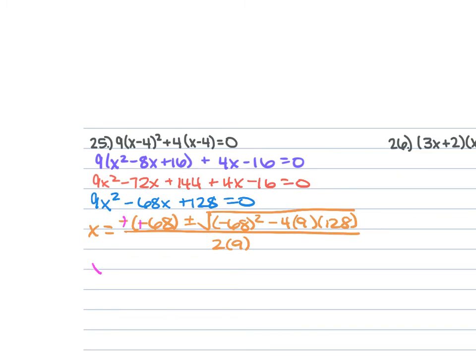So this is going to leave me with x is equal to 68 plus or minus the square root of 68 squared, which is 4,624, minus 4 times 9 times 128, which gives us 4608, all over 18.